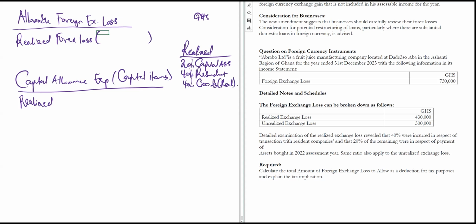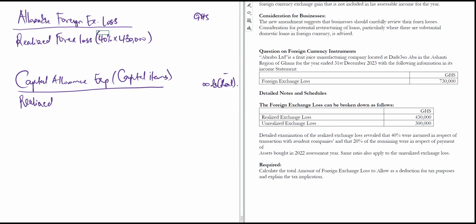I hope that makes sense. So 40% is the actual realized one that came from goods, right? So you have to take 40% of the 430,000. I hope that's understood by everyone.